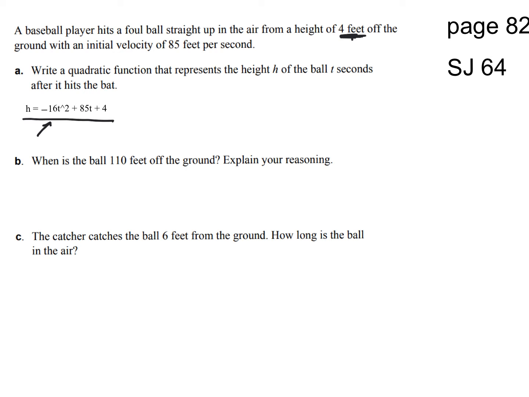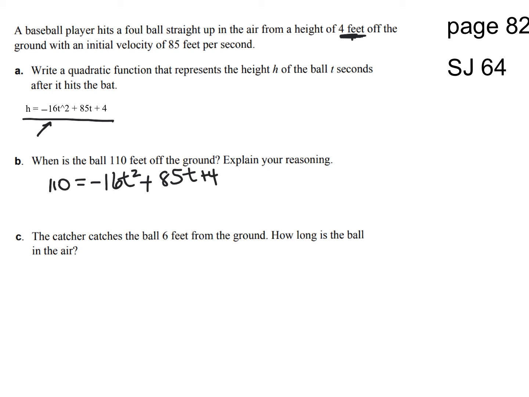And then it says, when is the ball 110 feet off the ground? So h stands for the feet. We're going to substitute 110 in for h and solve that. And since we're working with the quadratic formula, we'll solve using the quadratic formula.